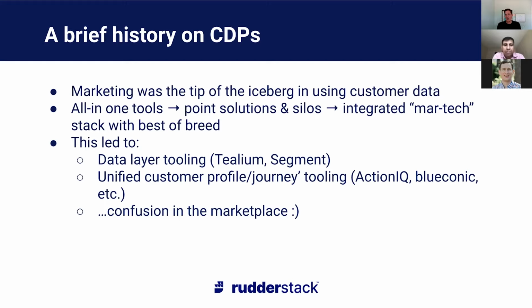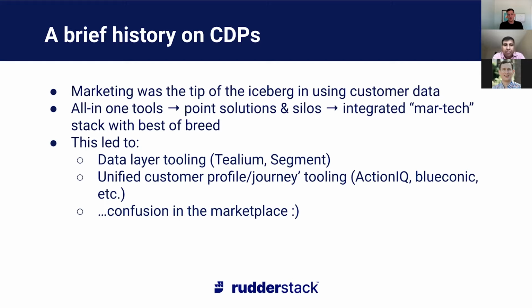And that kind of led to an integrated MarTech stack where people were using best of breed tools that talk to each other, right? So this is sort of the more modern generation of Salesforce and Pardot and integrating HubSpot and Salesforce, et cetera, where your tools are talking to each other in a very integrated way.